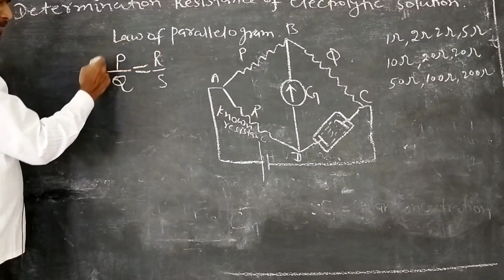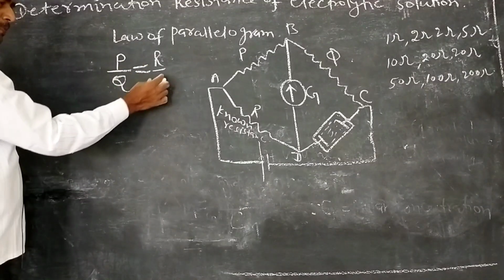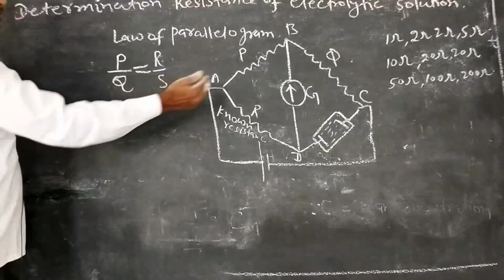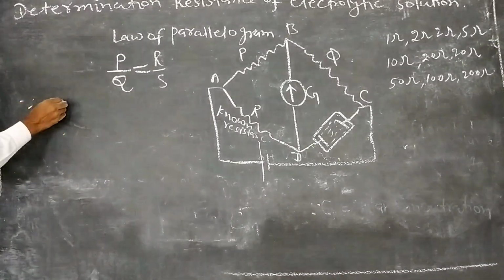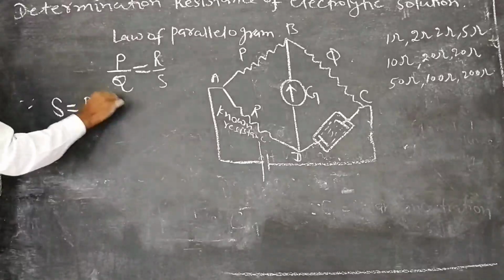On the basis of these, easily we may calculate the value of S here. S is nothing but resistance of the electrolytic solution. So S is equal to R into Q by P.